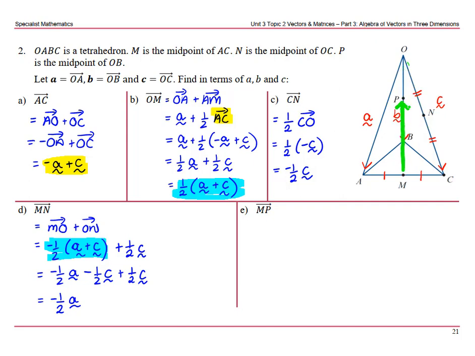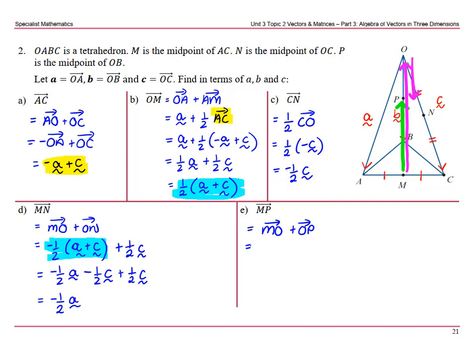So MP, I'm going to use a different colour to show what I'm doing here. If I go M all the way up to O, so MO, and then I add OP, which is essentially subtracting because it's in the opposite direction to MO, then I will end up with MP. So this is equal to MO plus OP.